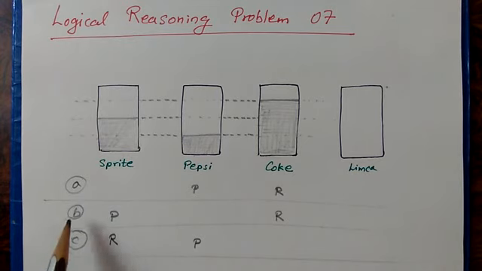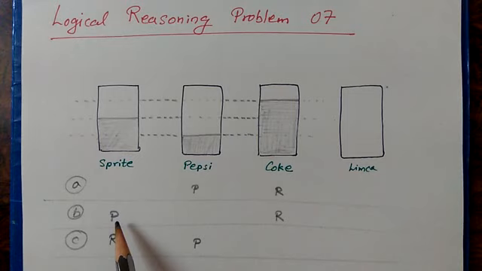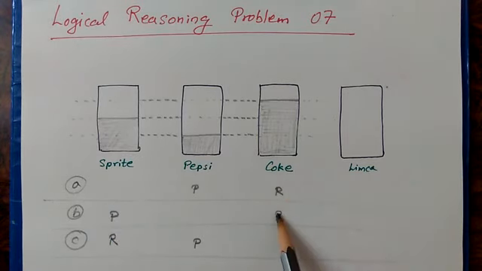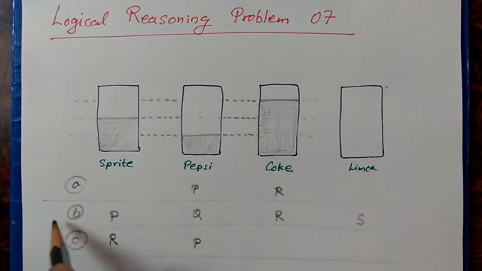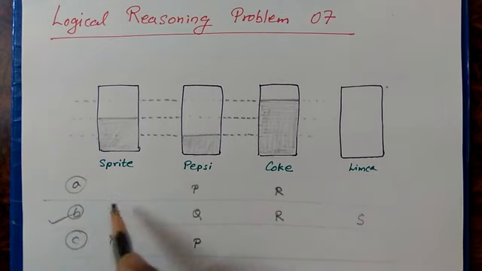Now if we look at condition B, the second condition, and observe it closely, we will find that P is at first position and R is at third position, and by the naming convention PQRS, we can put Q here and S here. So this arrangement is fulfilling the naming convention.